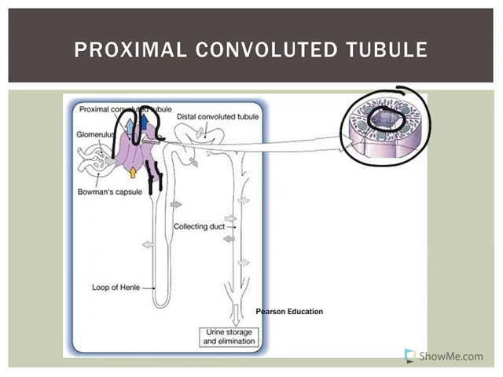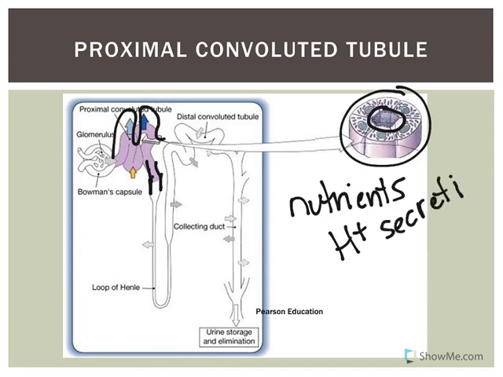All organic molecules like glucose and fructose, amino acids, all the nutrients, we'll call them nutrients, are only reabsorbed in the proximal tubule. We have secretion of drugs. We have secretion of hydrogen ions that takes place there in the proximal tubule. We have a large amount of reabsorption of water that takes place there.